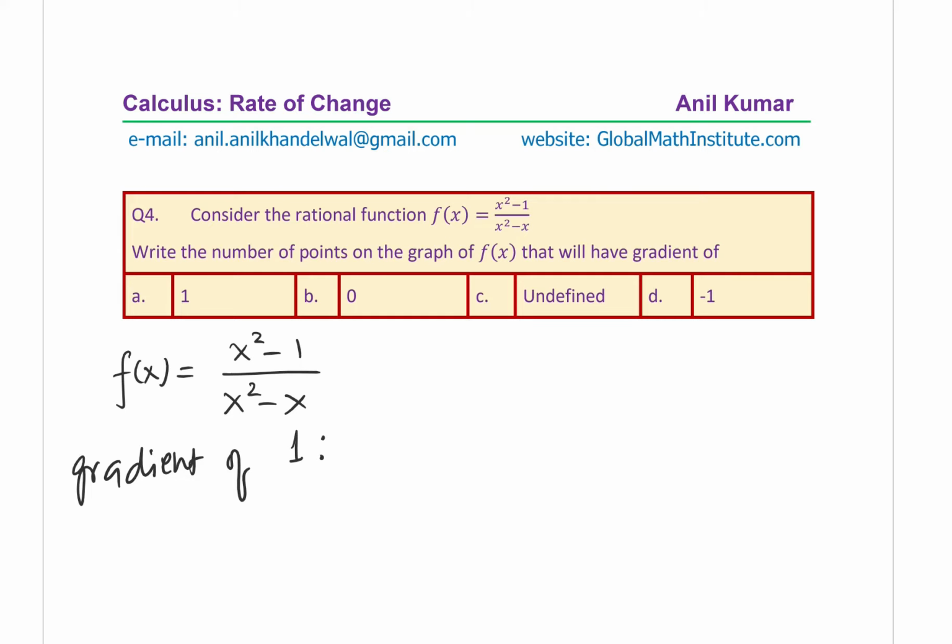That is what the number could be, like 0, none, 1, 2, whatever, right? So you have to find how many. So one way could be that you may sketch the graph. So you may sketch the graph and answer the question. Perfect. And then answer.